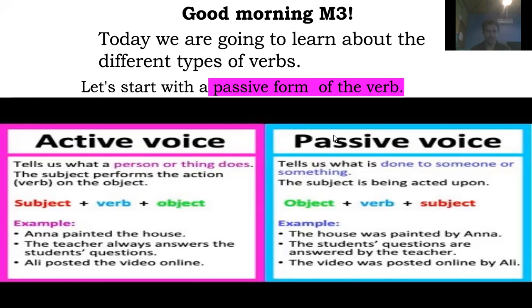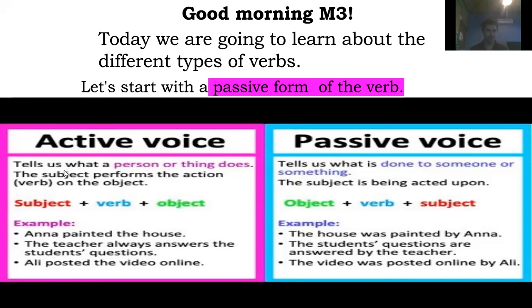Then we have the difference. There's an active voice, which is the active form of the verb, which tells us what a person or a thing does, as opposed to what is done to someone or something.